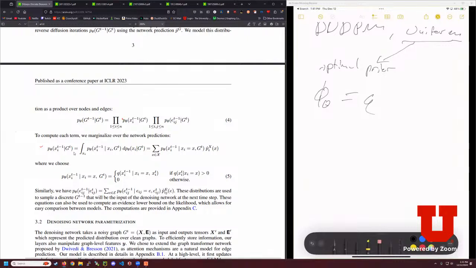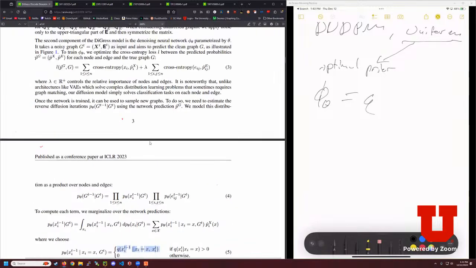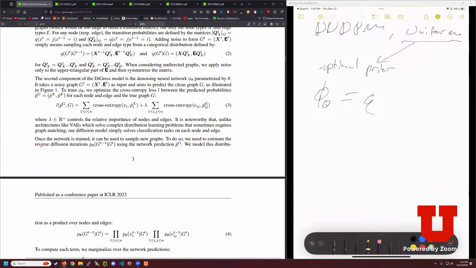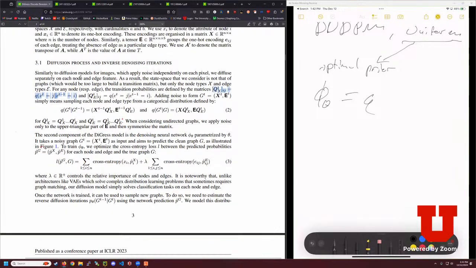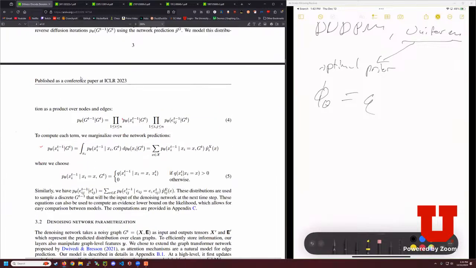Well, where does this q(xi_t | xi = x) come from? This is the noise. So this should just be the previous state.